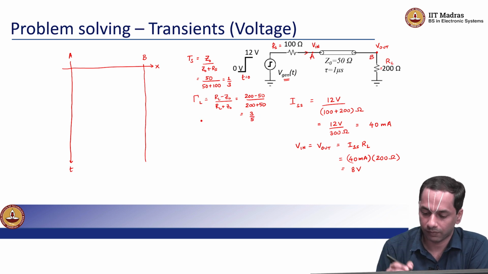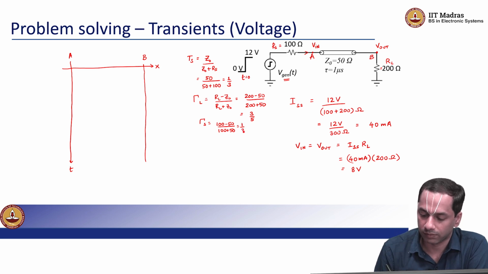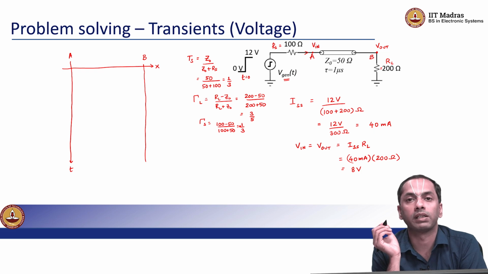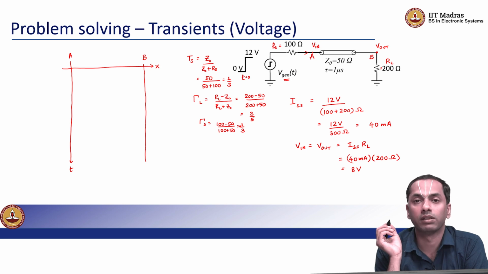Similarly, gamma S would be 100 minus 50 by 100 plus 50, which is 1/3 again. So, gamma S and Ts seem to be the same. Okay. So, now we have Ts, gamma L and gamma S.